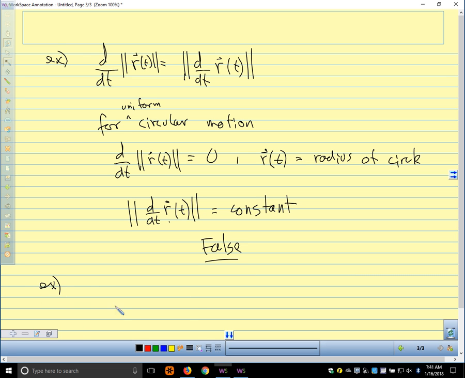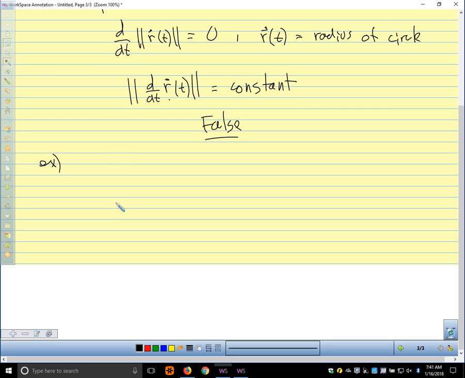All right. Last one. The derivative with respect to time of r of t dot u of t is r prime dot u prime. No, that's not true. We did this. Theorem 12.2.